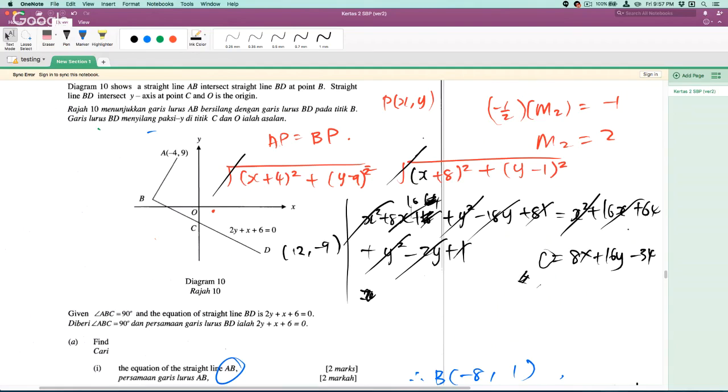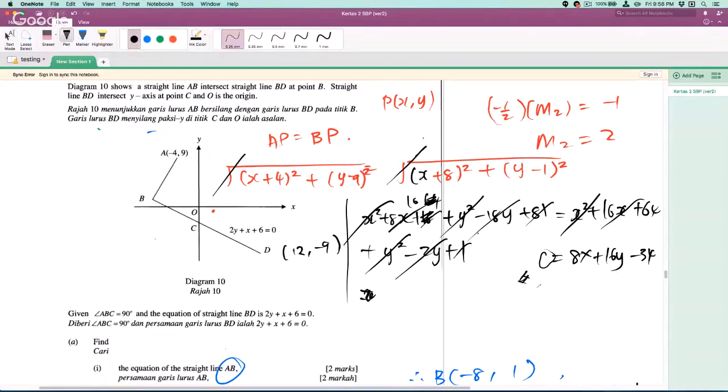Where do we have minus 16y? Negative 80. Yeah, it's negative 6. Oh, it's negative. Yes. I mean, no.